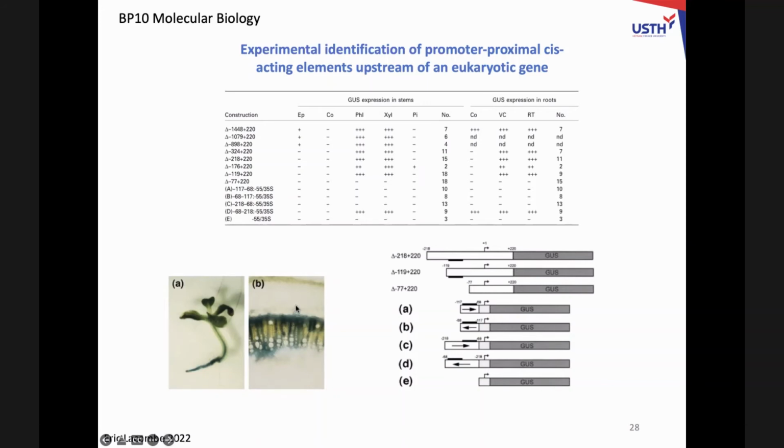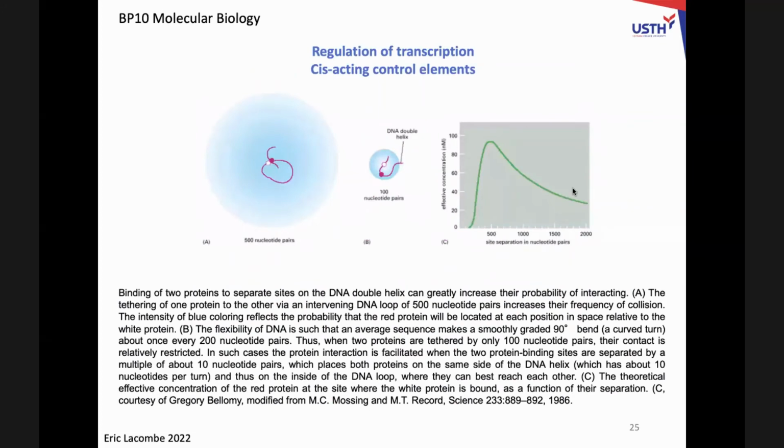The example is from a plant, but it's the same for animals. So we're going to see all the technical strategy to analyze the sequence, but in order to have a fine analysis, you need to understand a little bit this part of the curve, okay?